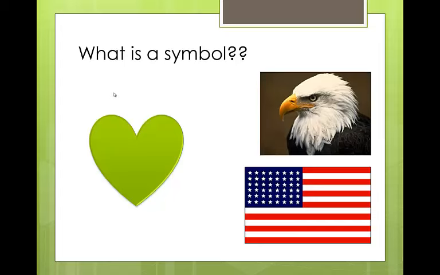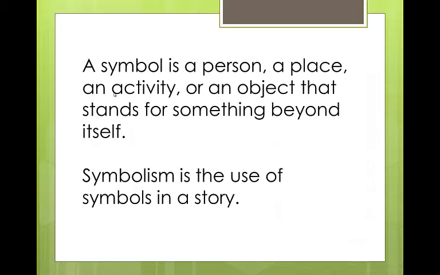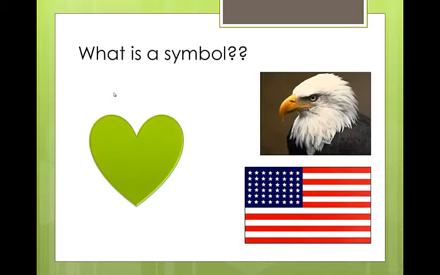So what is a symbol? All three of these items are symbols. A symbol is a person, place, activity, or object that stands for something beyond itself. That shape is just a shape, but it means something beyond what it actually is. It is representative of love.